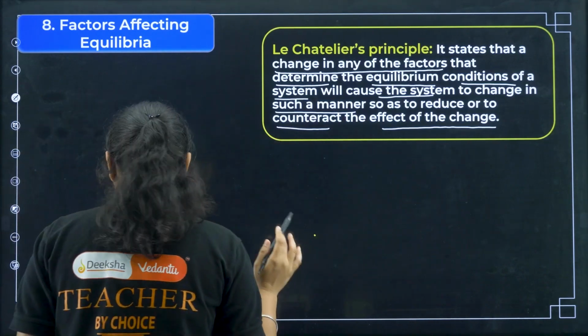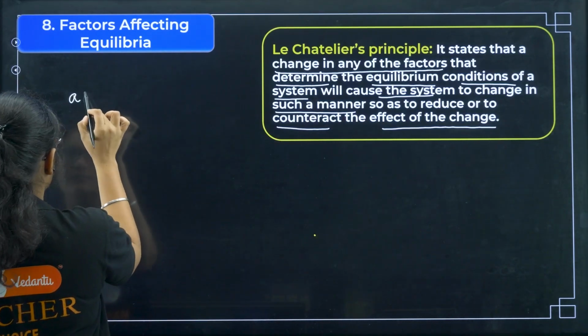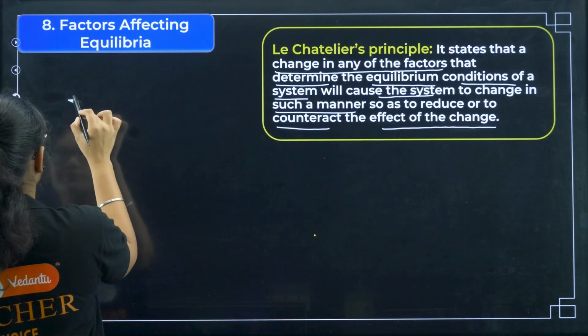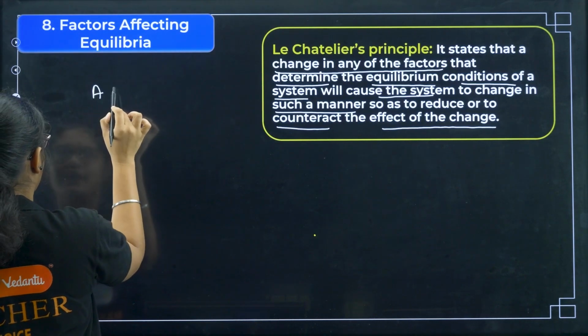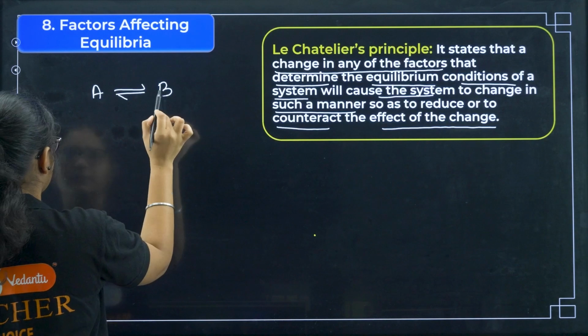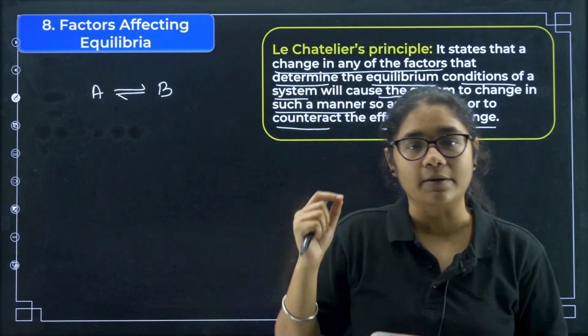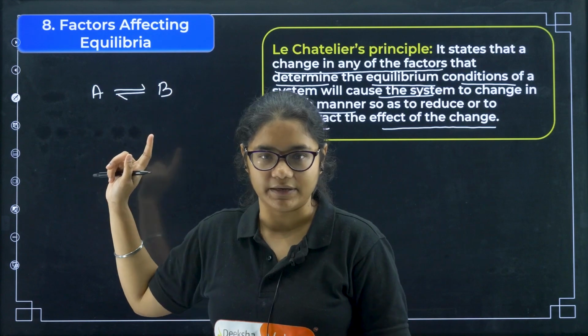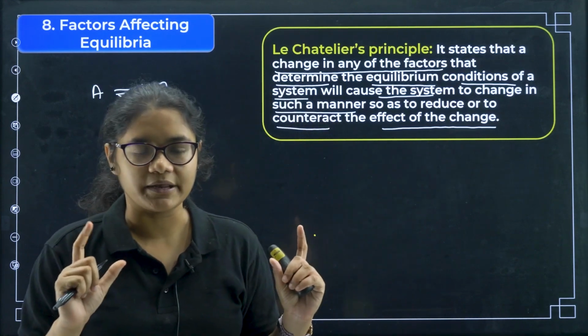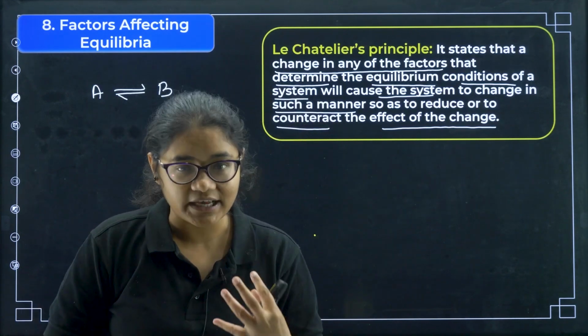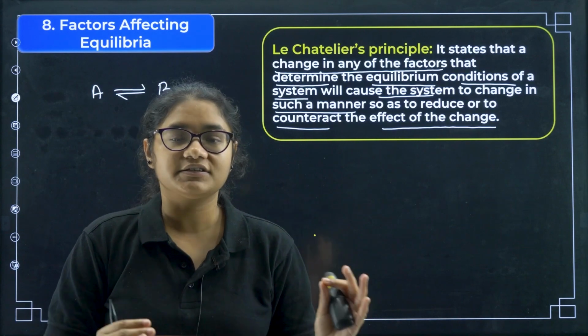The statement says that suppose you have any reaction where A is in equilibrium with B. If you are changing something to disturb this equilibrium, what are the things that you can change to disturb an equilibrium?